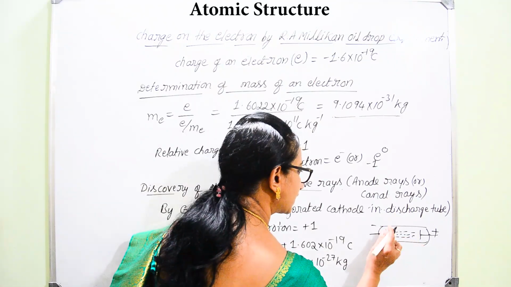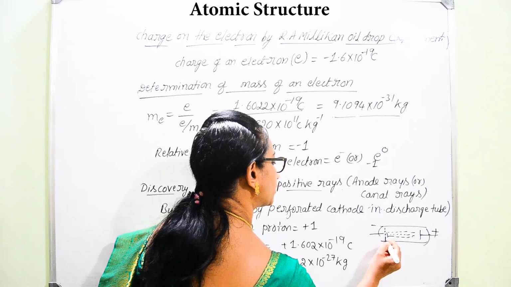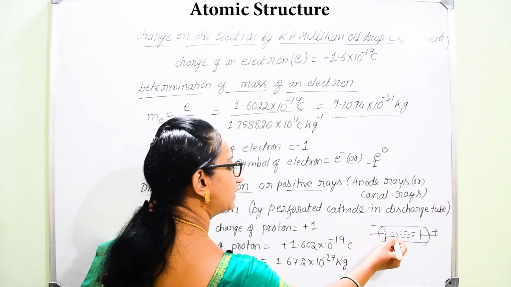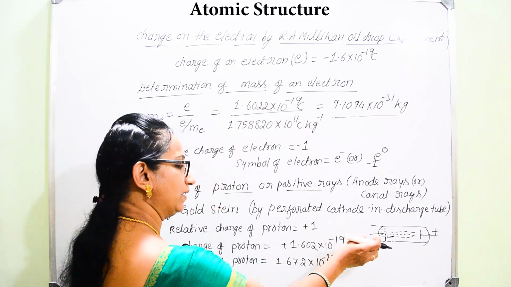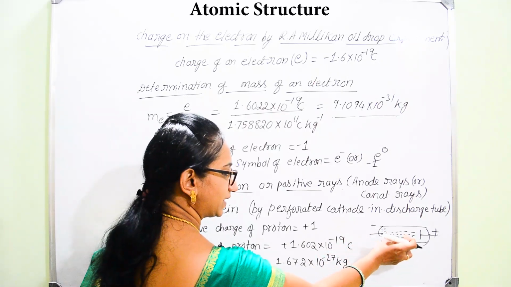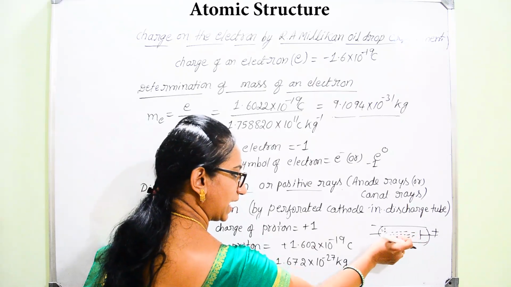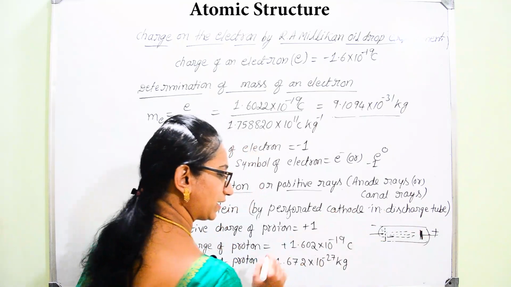He considered that there will be perforations or pores in the negative plate or the cathode plate. These were able to pass beyond this cathode plate. So he considered the rays emitted from this discharge tube towards the anode, that is not exactly from anode like cathode rays.